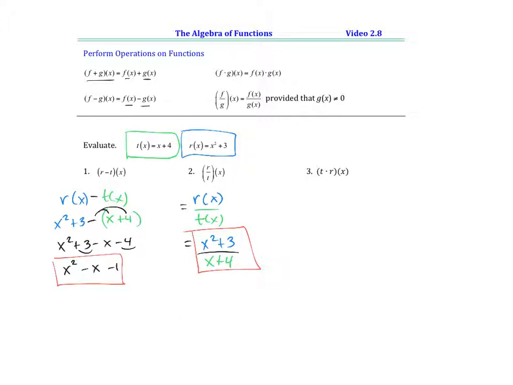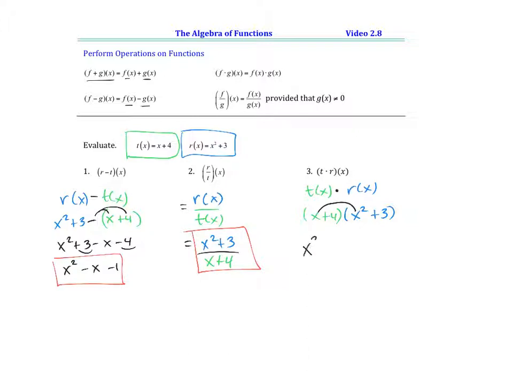And multiplication, we would just take t of x and then just multiply it times whatever you get when you simplify r of x. Okay, here we go. Let's see, t of x is x plus 4, and r of x is x squared plus 3. So there's no simplifying in either of those, so we'll just go ahead and distribute.